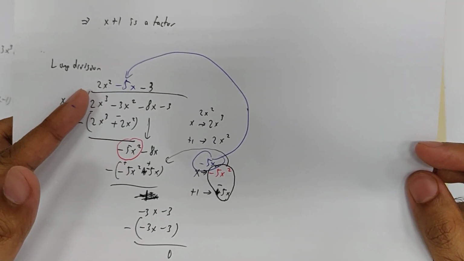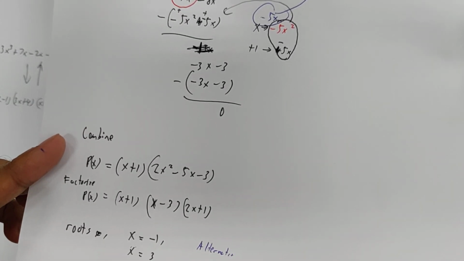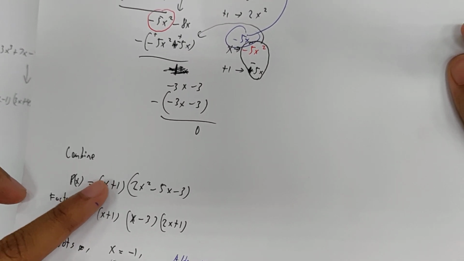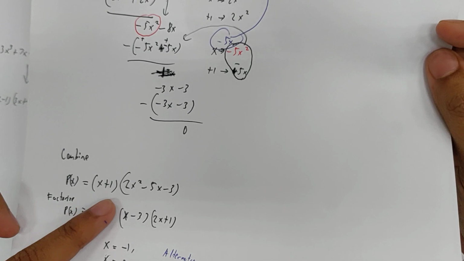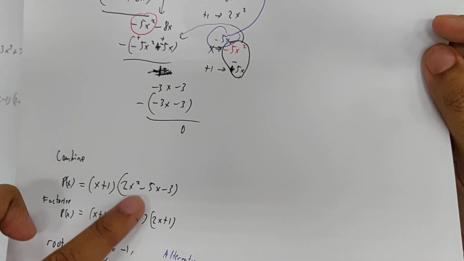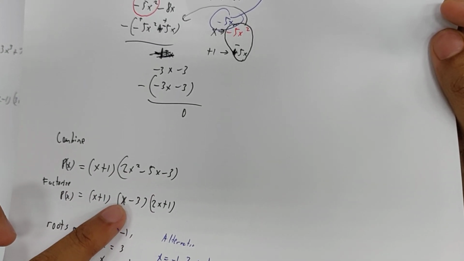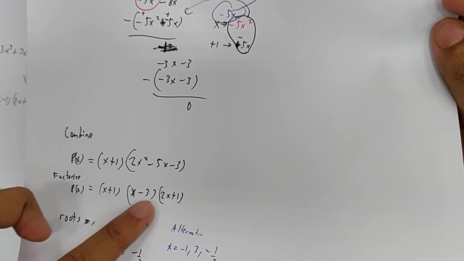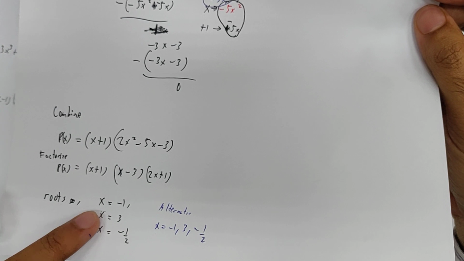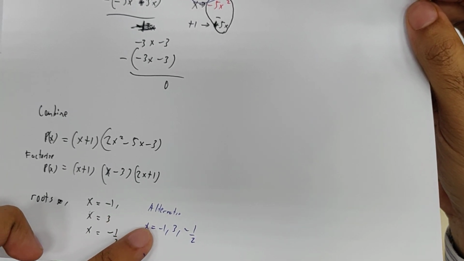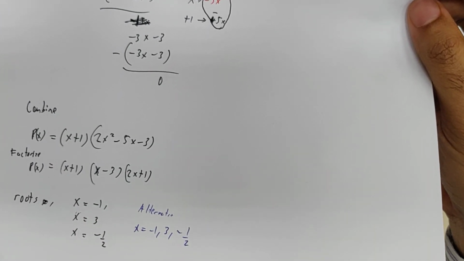So this is my quadratic, and then I combine the process. So the divisor and the quadratic that we got over here, and then I factorize my quadratic. I got myself into here, but you need to remember this is in factor form. The question asks in roots, so this is the answer in root form. Alternatively, I prefer this way, but some people prefer this way.